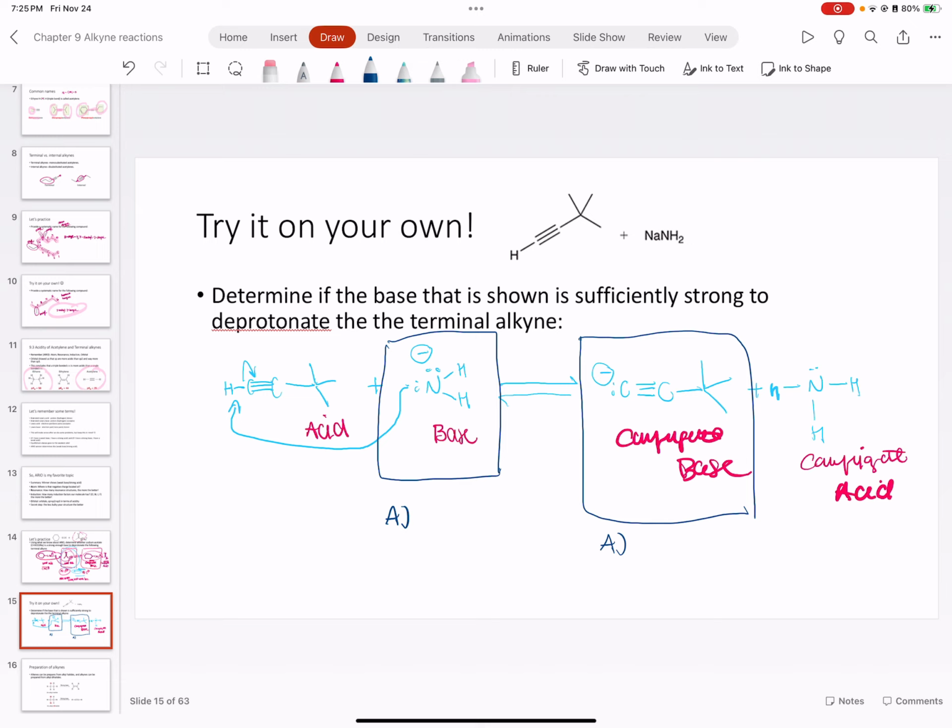Strong enough base to deprotonate a terminal alkyne. Then I have N negative, I have this one. And here I have a carbon negative.